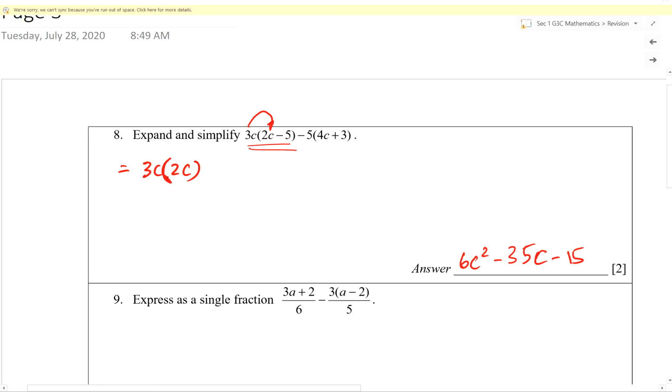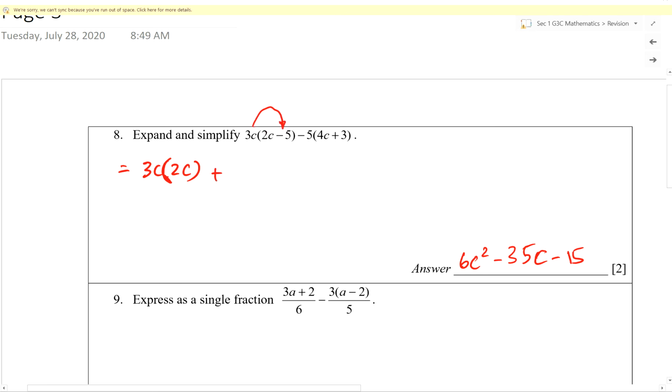Okay, what's next? You help me out with the next one. So we multiply the first term, then multiply by -5. Yes.